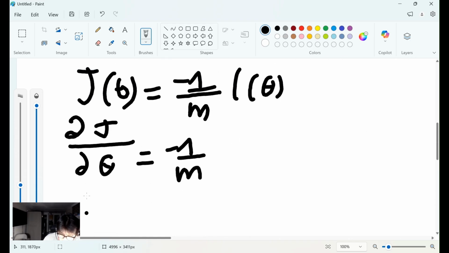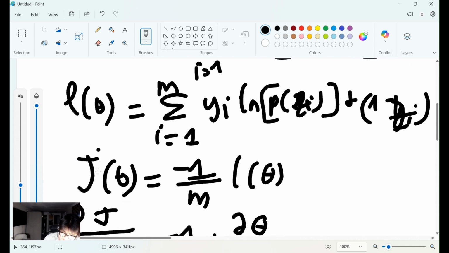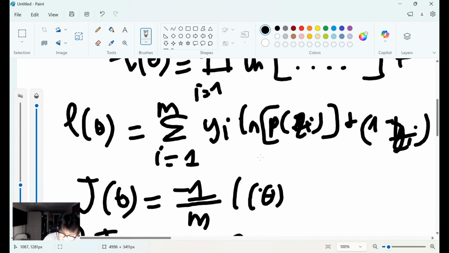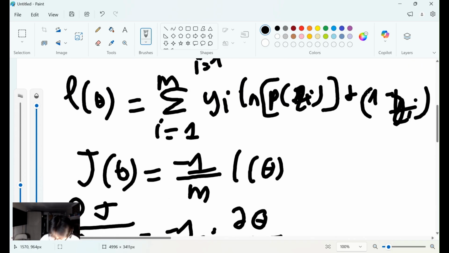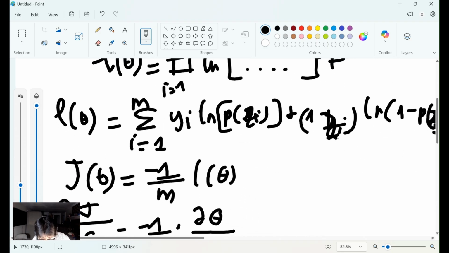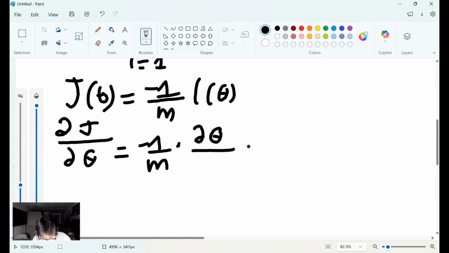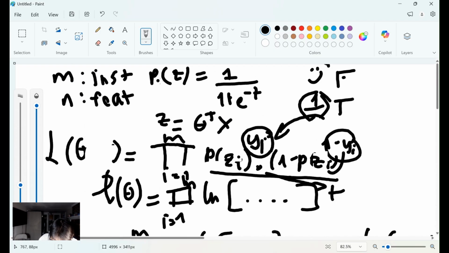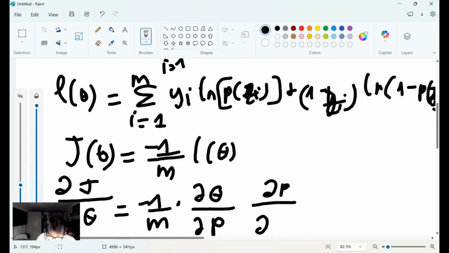And now we use the chain rule. So this is gradient of theta, and there is p inside here, right? So the likelihood function depends on the sigmoid function right here. So it will be L over p, and the sigmoid function is depending on z.